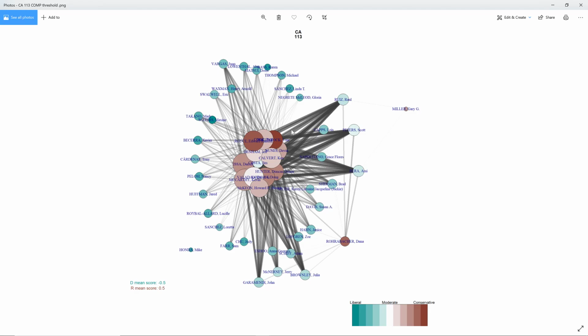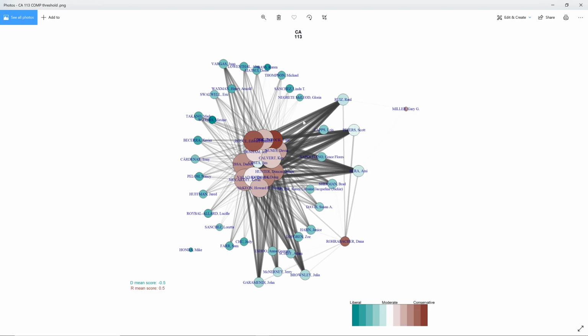So what we're looking at is the size of each node. The connections between the nodes are how many times any one person has voted with a person from the opposite party. So we're only looking at times where a Republican voted with a Democrat, and any red node will only have connections to blue nodes, and blue nodes will only have connections to red nodes.